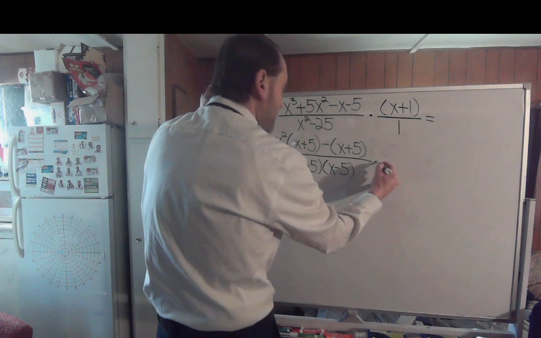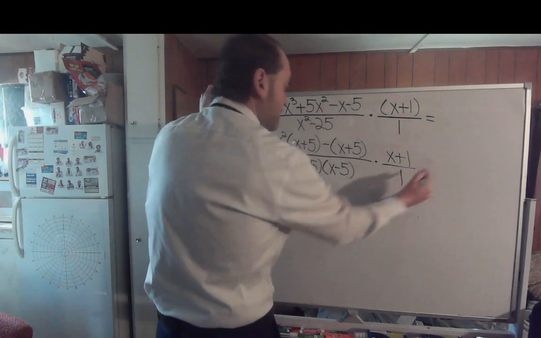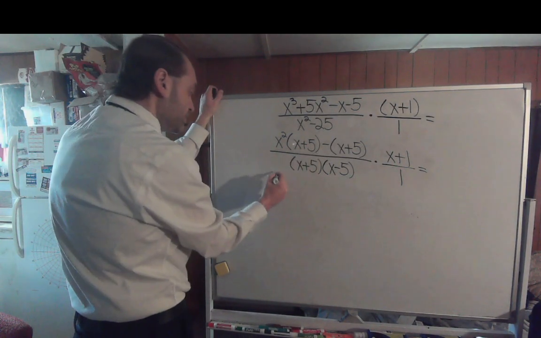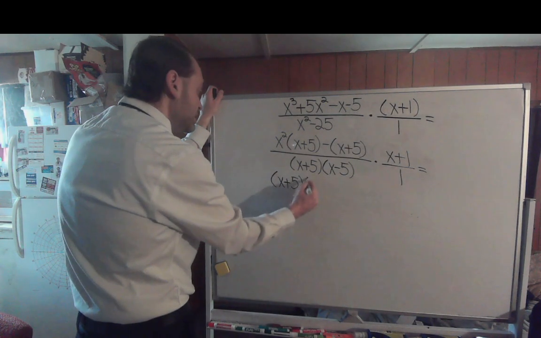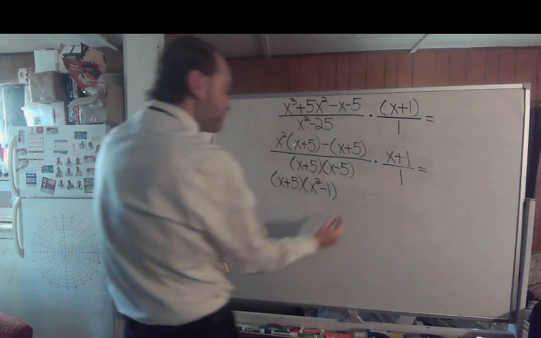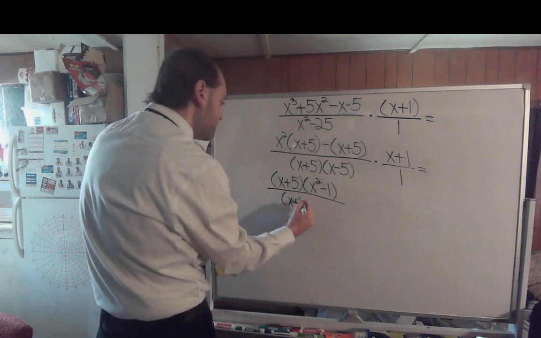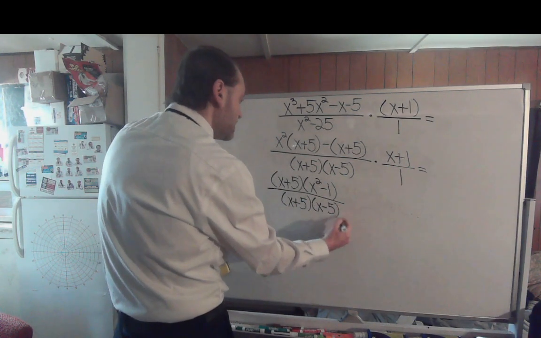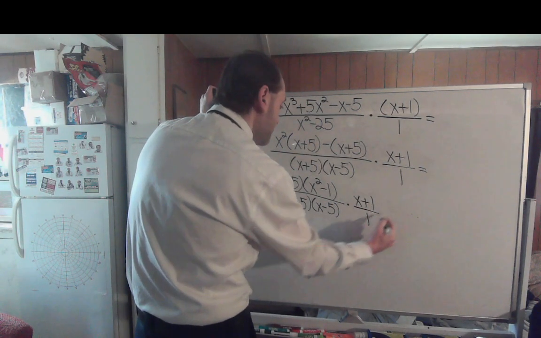Then you just have that times x plus 1 over 1 for the next term. In the numerator, this will factor further into x plus 5 times the quantity of x squared minus 1, all over x plus 5 times x minus 5, then times x plus 1 over 1.